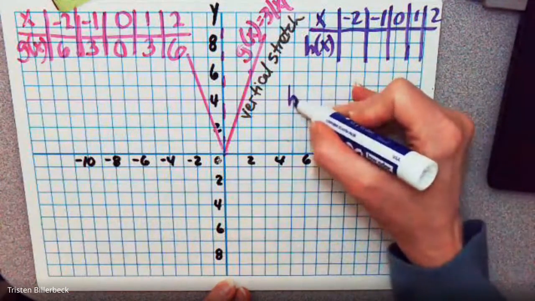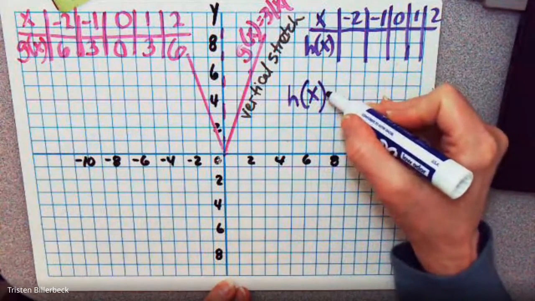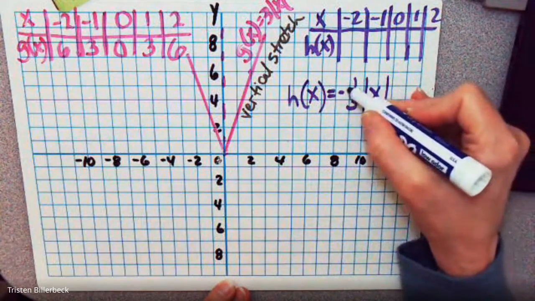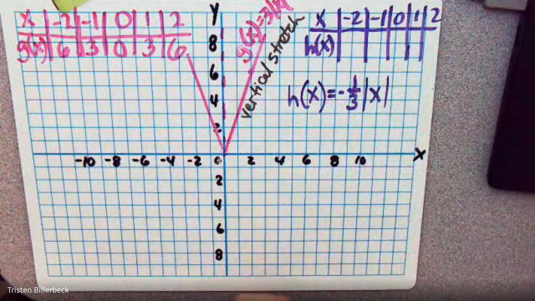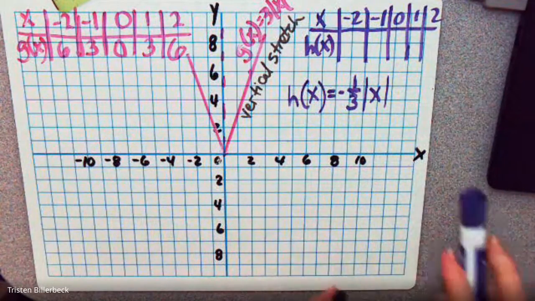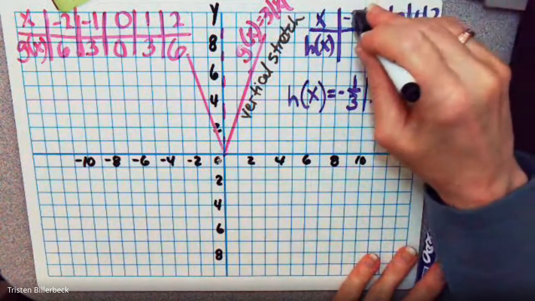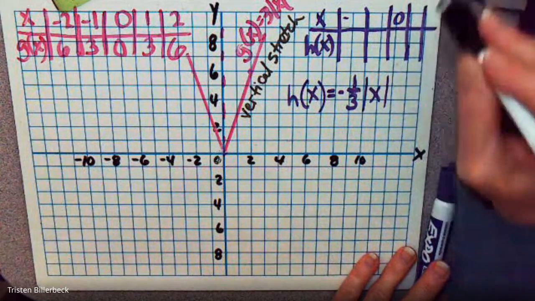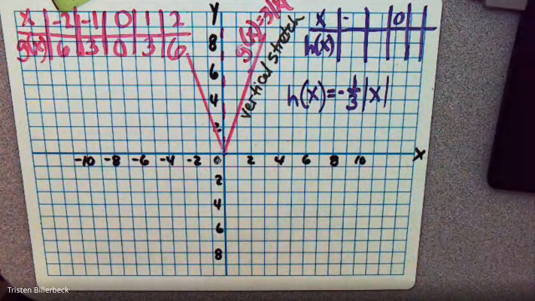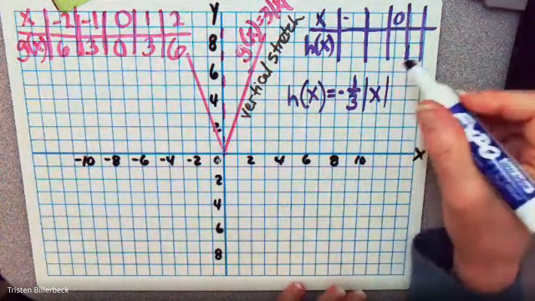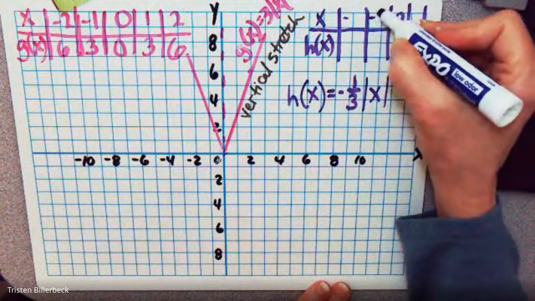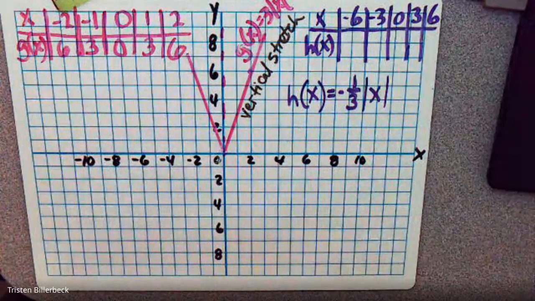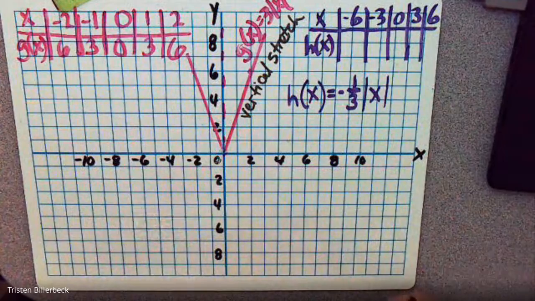So h of x is -1/3 of the absolute value of x. Now, by now you must know that I don't like to graph fractions. So let's make it easy and not have fractions. So if we put multiples of 3 on here, we're safe. So if we have -3, -6, 3, and 6, now Miss Billerbeck will be much happier.